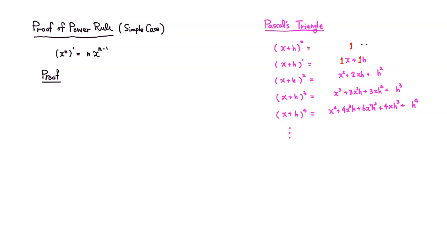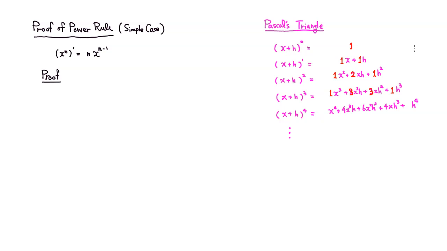If it's squared, you have x squared + 2xh + h squared, so the coefficients would be 1, 2, and 1. And if it's cubed, it's going to be 1x cubed + 3x squared h + 3xh squared, and then 1h cubed.